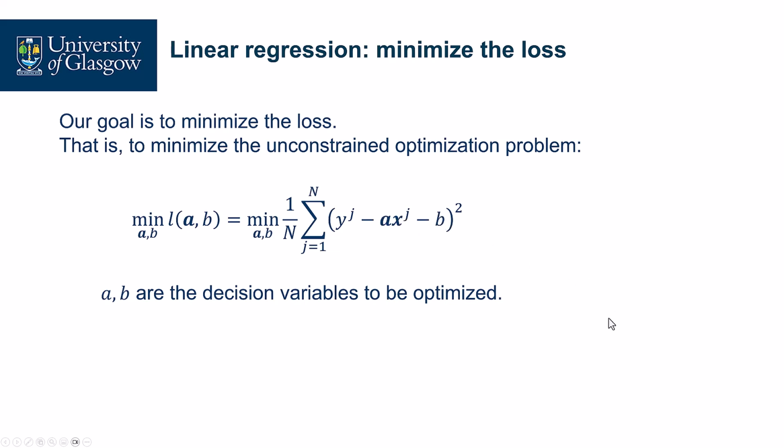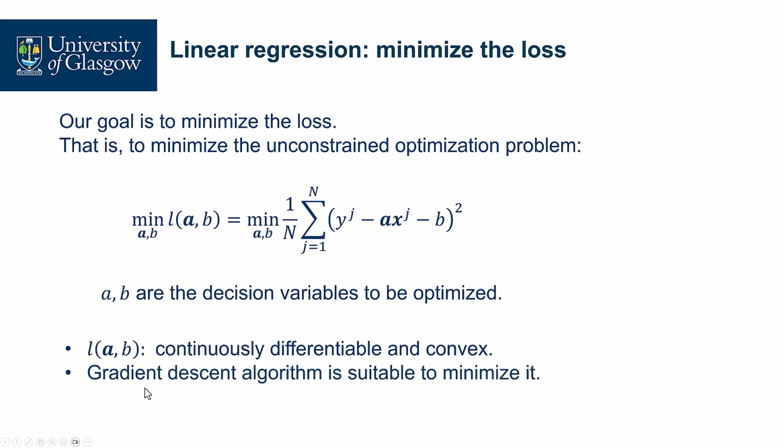Also, this function is continuously differentiable and convex, so we know there's only one optimum. This is the local optimum, and it's also the global optimum. It's also continuously differentiable, so we can use calculus knowledge. One method that fits this optimization is the gradient descent algorithm, right?